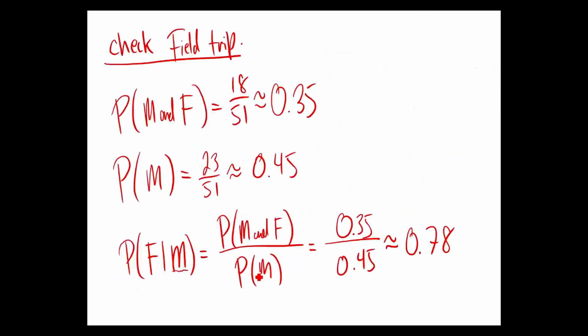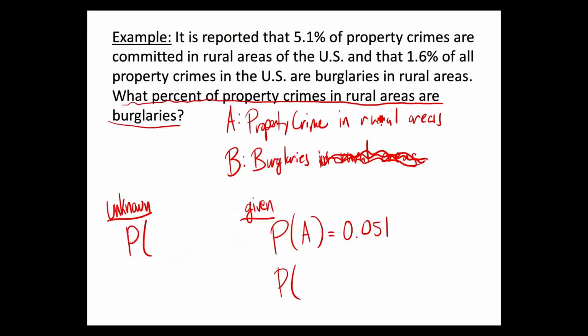Here, I'm forcing you to look at rural areas. Given that you're talking about property crimes in a rural area, that's the given condition. Now I want to know the probability of burglaries. What's the probability of a burglary given that you're only looking at rural areas?